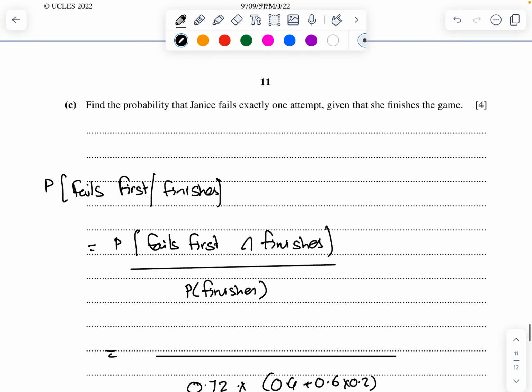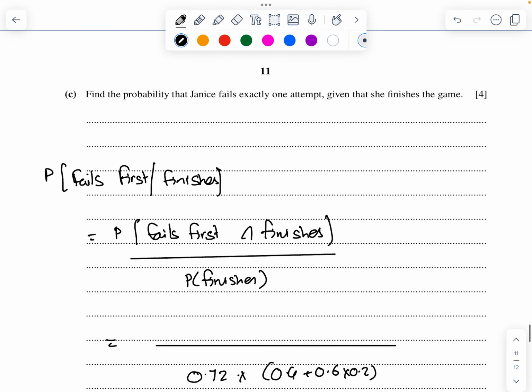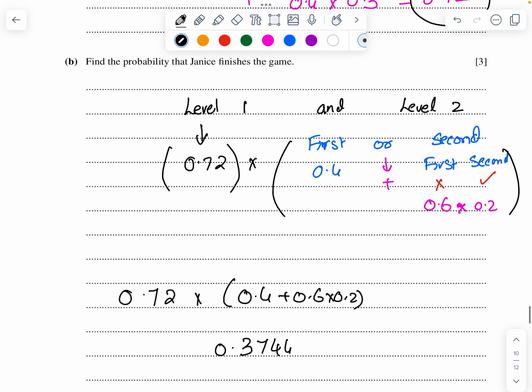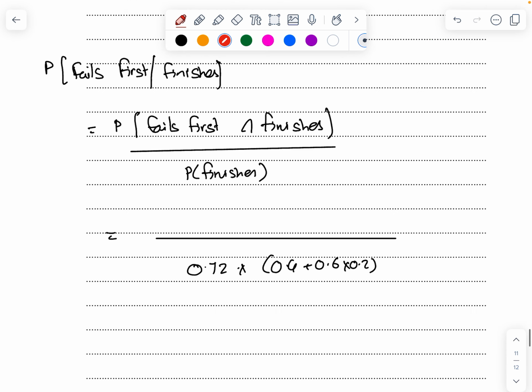Now she fails in the first attempt. So which one is failing in the first attempt? This one is failing in the first attempt.